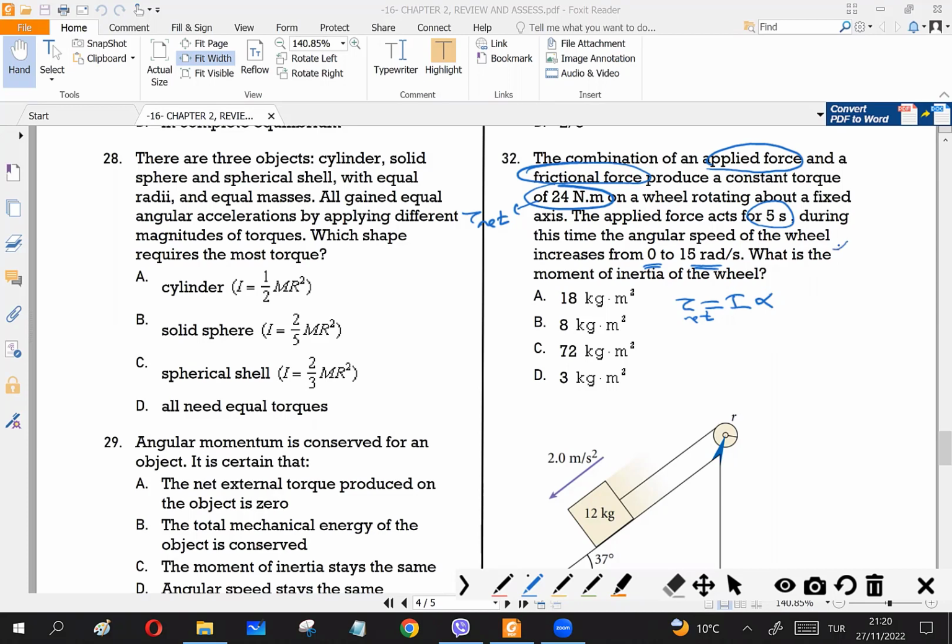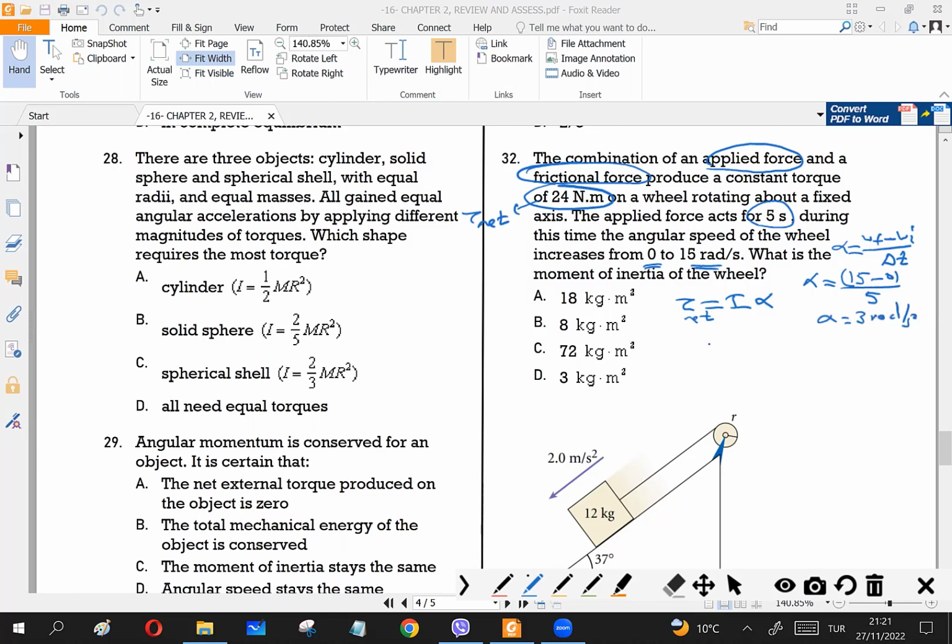From the definition of average angular acceleration, alpha is omega final minus omega initial divided by delta t. Omega final is 15, initial is 0, and in 5 seconds this happens. 15 divided by 5, alpha is going to be 3 radian per second squared.